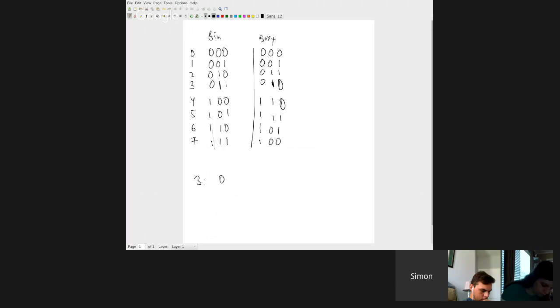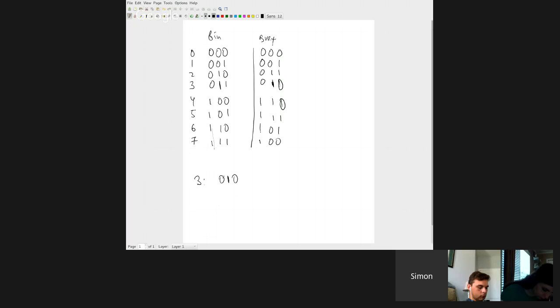Okay? So I do not invert it. And now to deal with this one, my previous bit wasn't 0, it is 1. I have to invert it. So that's why in gray code, 011 becomes 010.